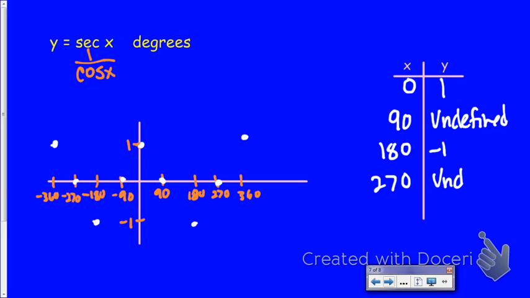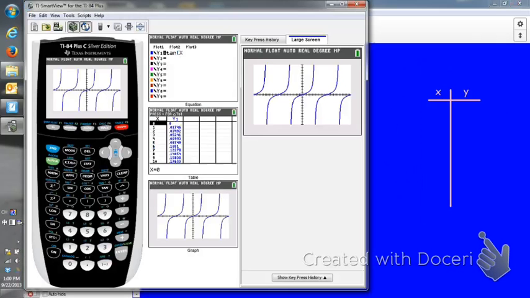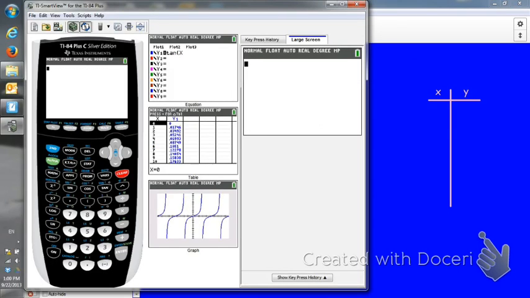So again, I'm going to go back to my calculator to see what's going to happen as I get close to 90. Let's say as I approach 90 from the left, I type in secant as 1 divided by the cosine of 89, then 1 divided by the cosine of 89.9.